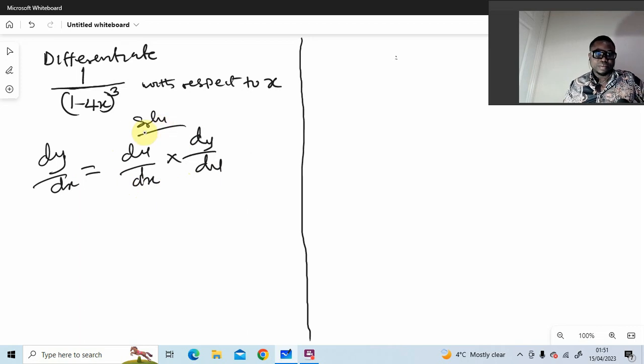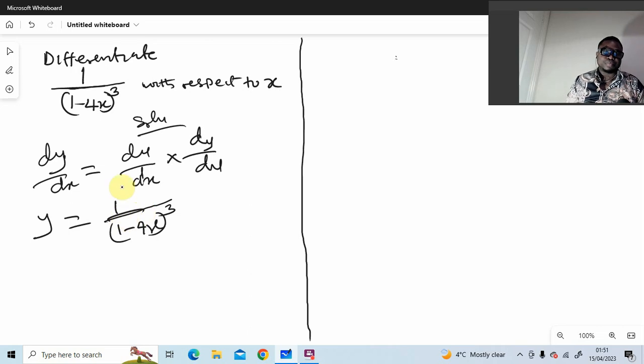You ask me, where am I seeing du? Because y is given as this expression, 1 over (1 minus 4x) all raised to the power of 3, it takes us very long to expand this bracket and start differentiating individual terms.